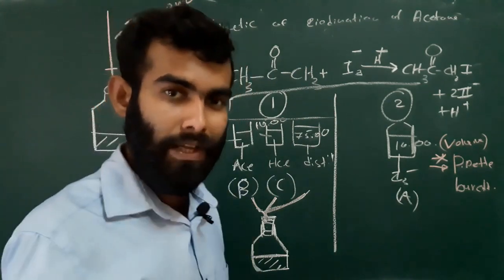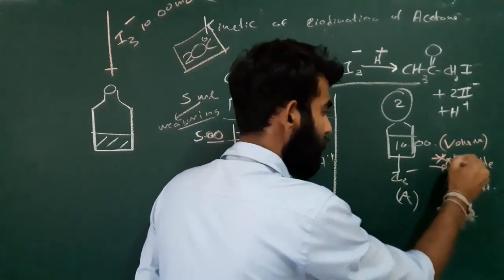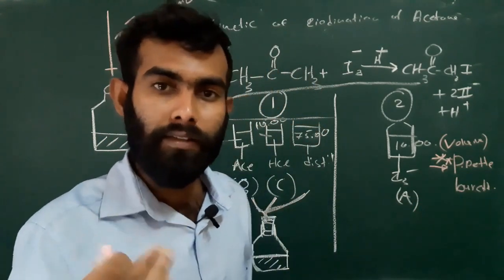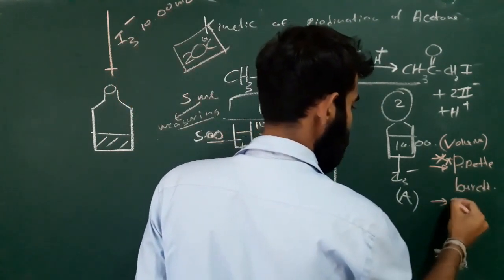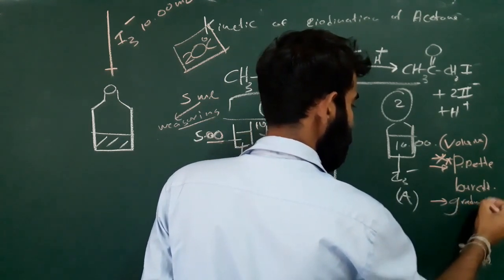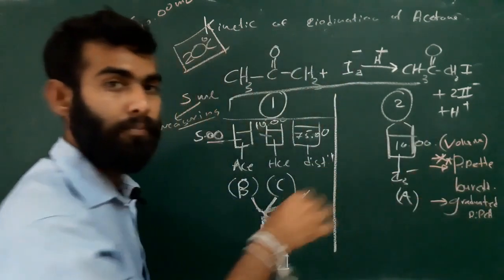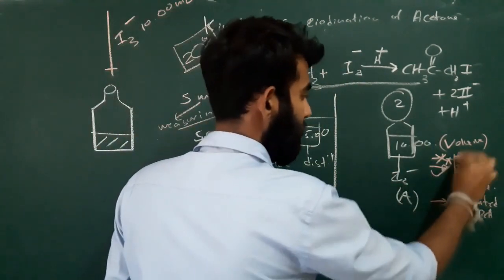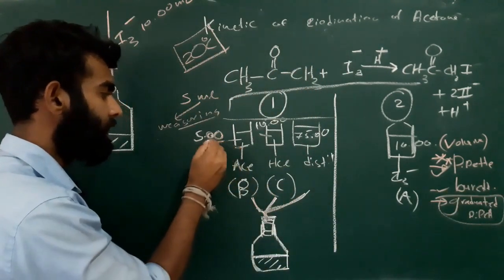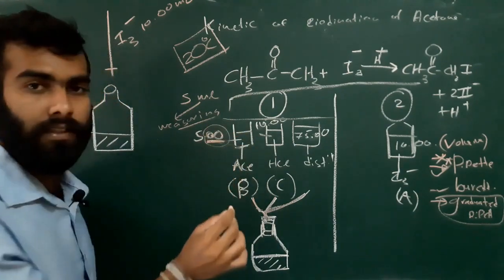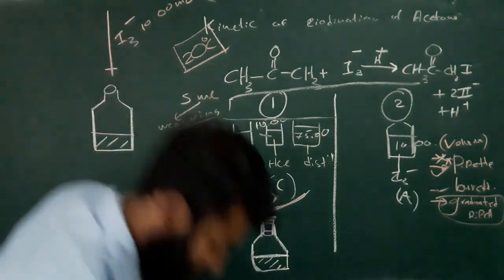If you say just pipette, you will not get any marks. You have to mention the particular volume. Or if you don't mention the volume, you can say graduated pipette. These are the important things: pipette, burette or graduated pipette. If they have given 2 decimal points, you have to mention one of these three instruments.